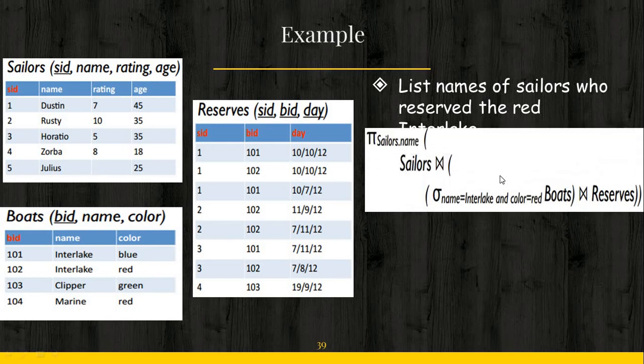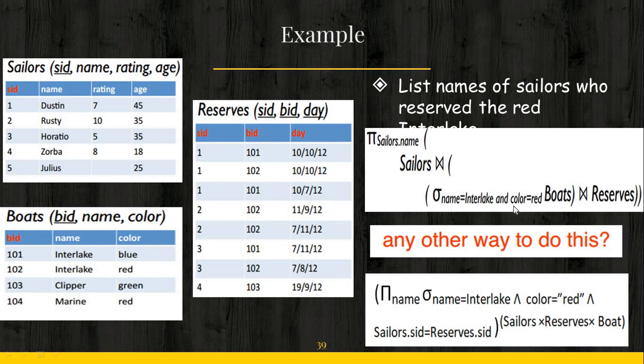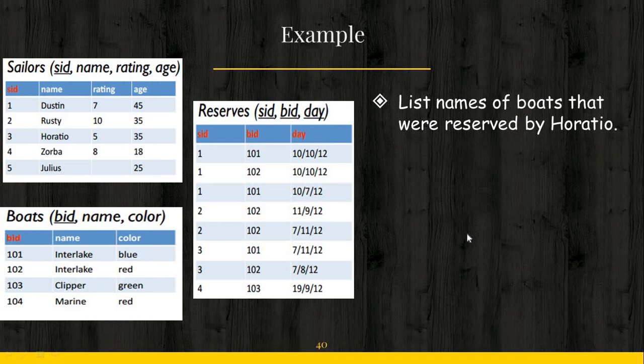So this is really complex, and yeah, I can do it in this way. So we need three tables, and we have to join these, or do the Cartesian product on these tables.